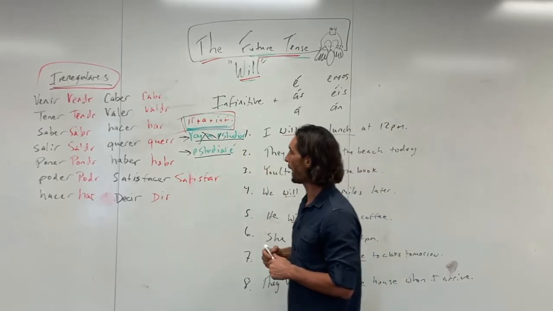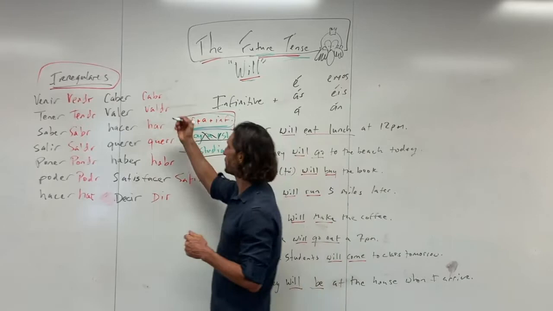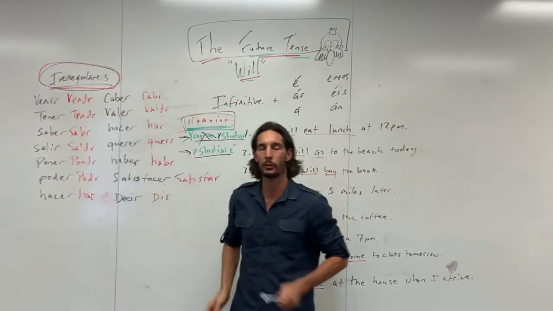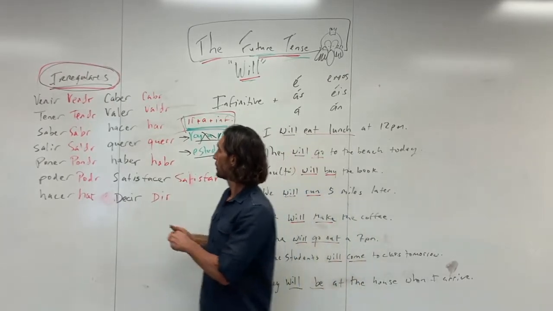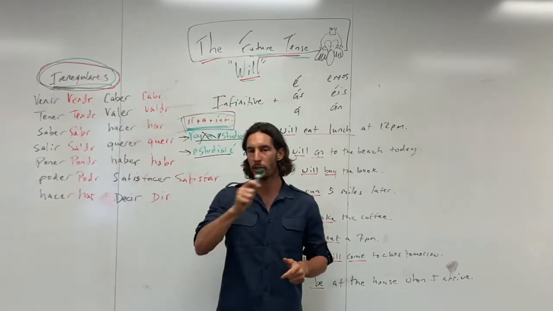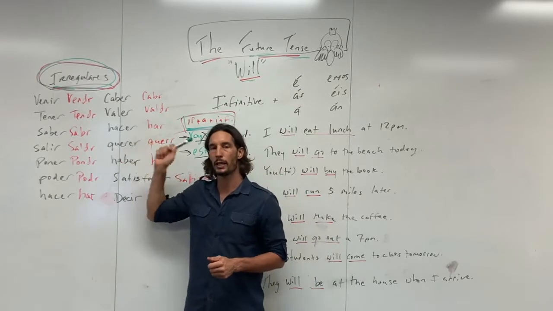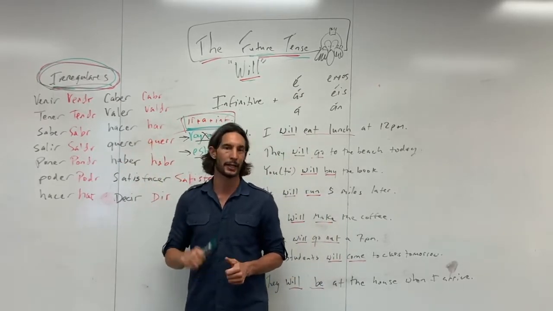Over here, I have a number of irregular verbs in the future tense. These are all, as you can see, irregulares in the future tense. I'm going to get the green marker now. So there it is. So these are irregulares in the future tense. Now here's something that's worth noting. The irregulars in the future tense will also be the very same irregulars in the conditional tense.